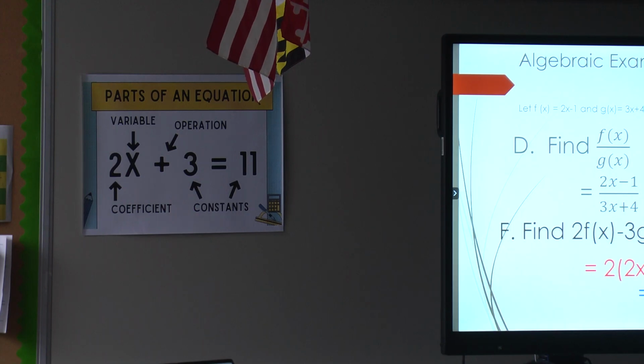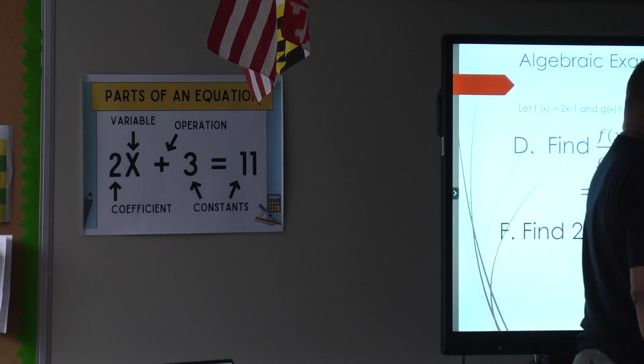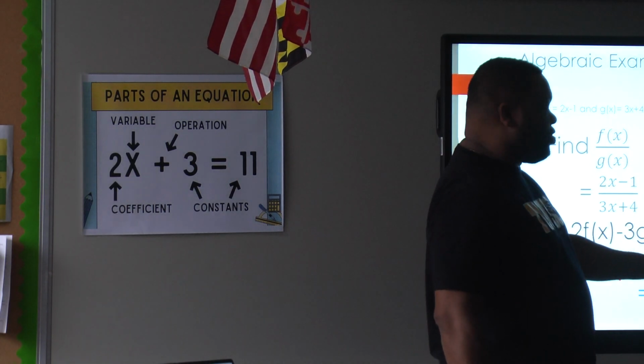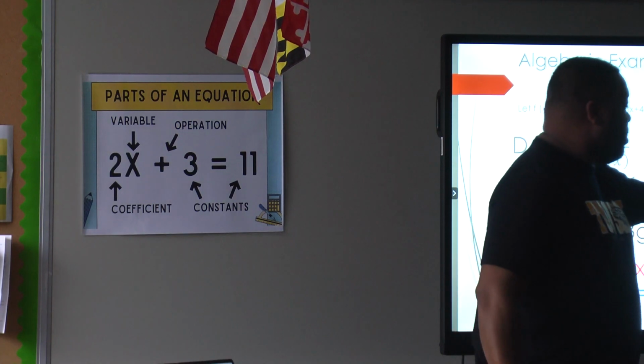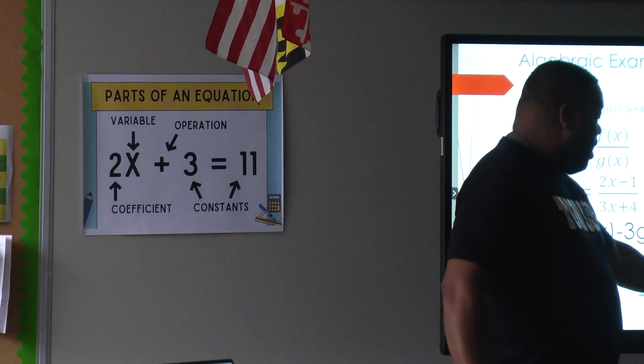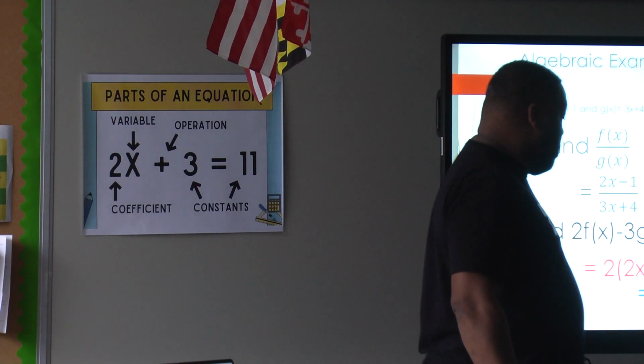Actually, we distributed the sign, but we're still not done. What I did on mine, in red to blue, is I kept the negative sign outside of the parentheses, but I didn't distribute inside. So 3x plus 4 was the same thing as over here, 9x plus 12, and then I distribute the negative sign to negative 9x and negative 12.